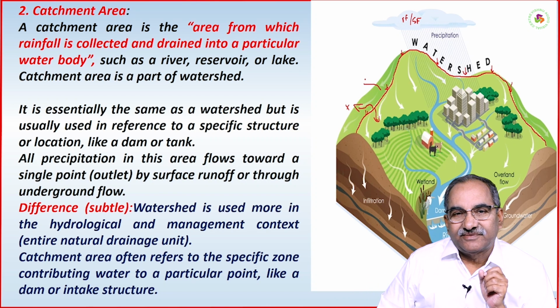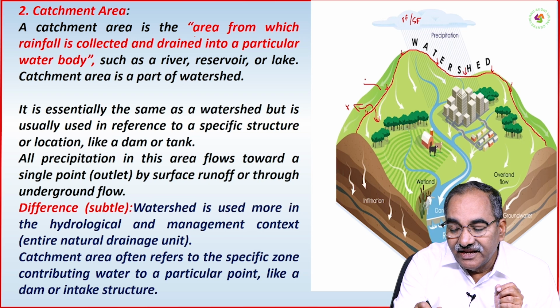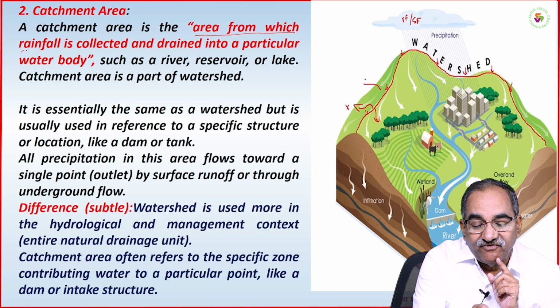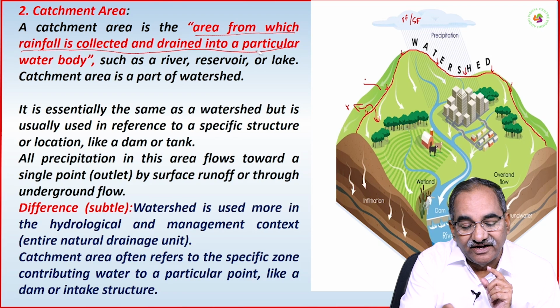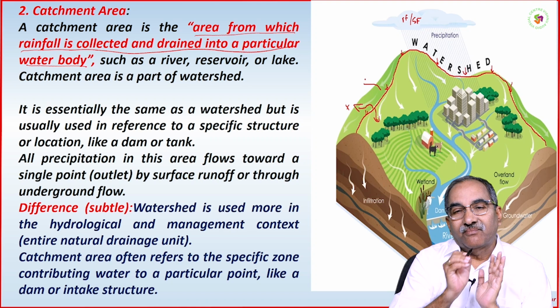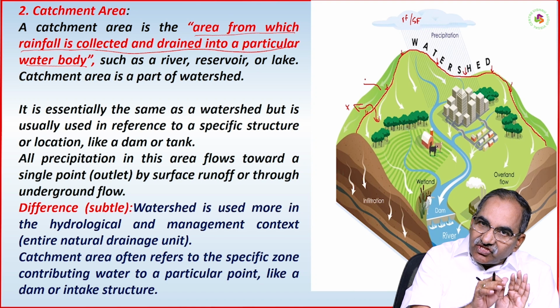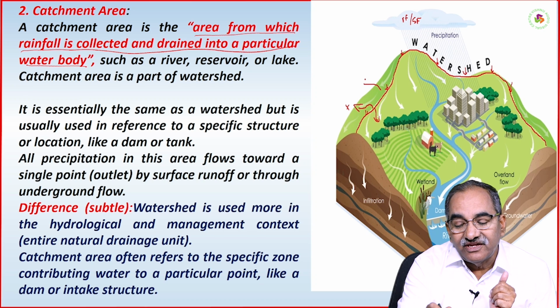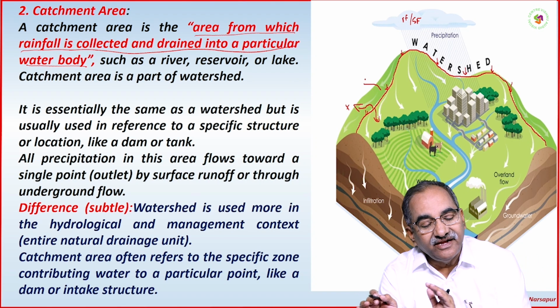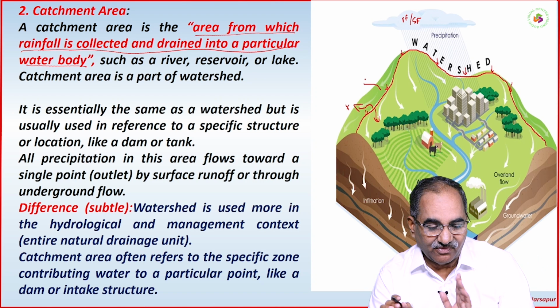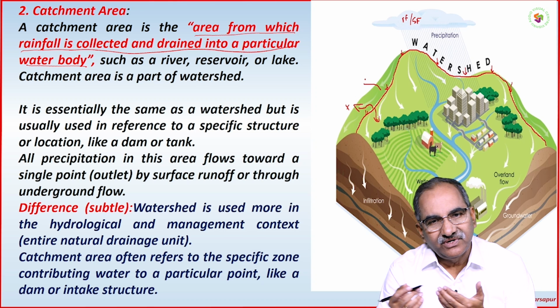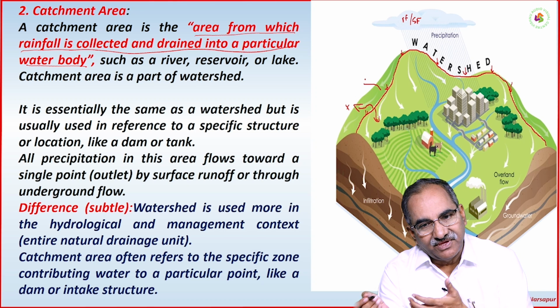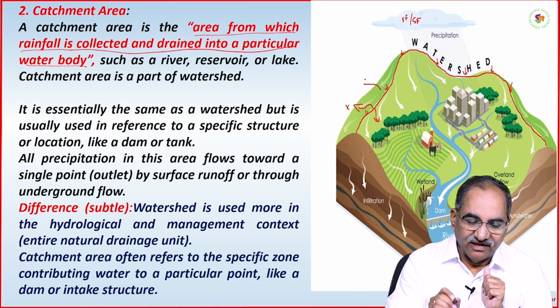Then what is a catchment? Catchment means area from which the rainfall is collected and drained into a particular water body. Again, this is also an area from which rainfall is collected and drained into a particular water body, such as, for example, it may be a river, it may be a reservoir, it may be a lake.